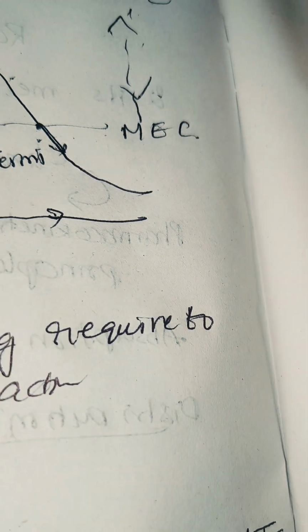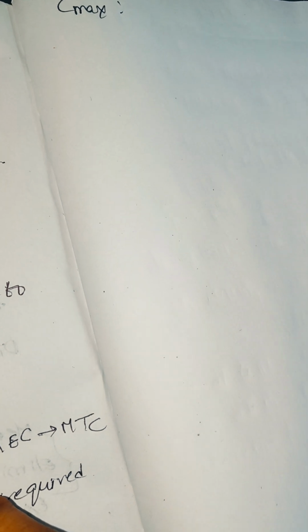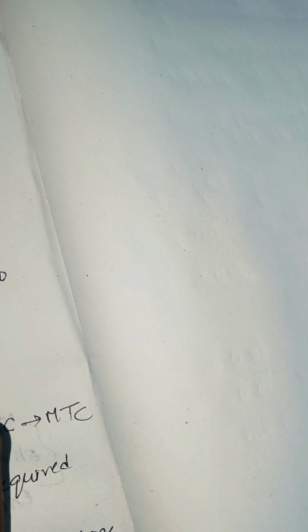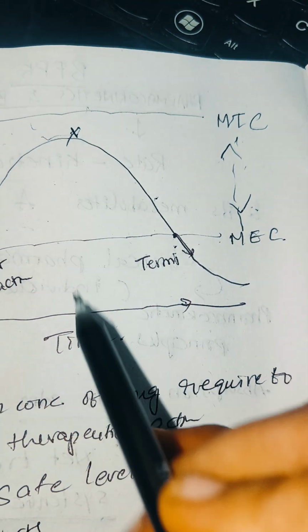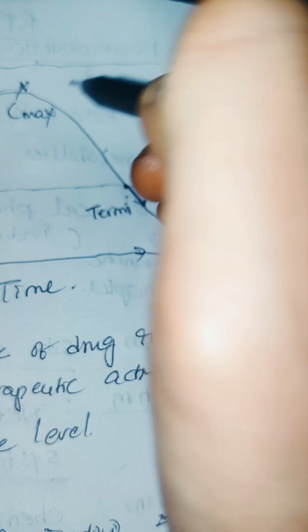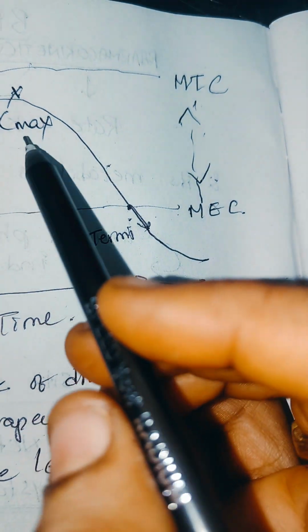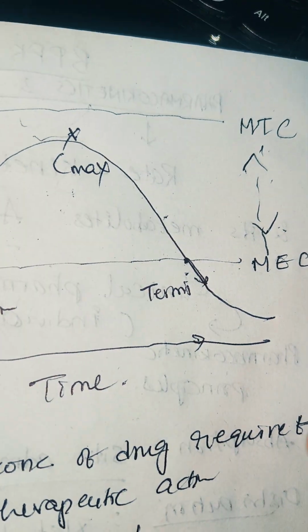Next, Cmax. Simply you can say it is the maximum concentration of drug, represented as Cmax. Next, Tmax. The time at which we obtain the Cmax is called Tmax.